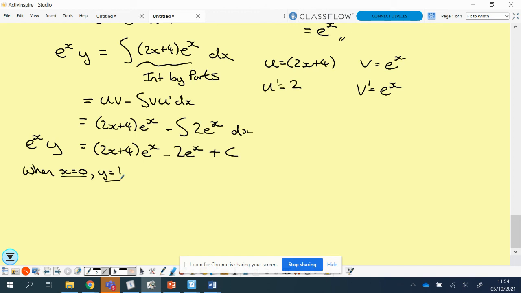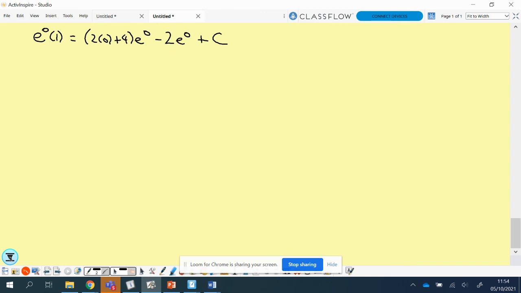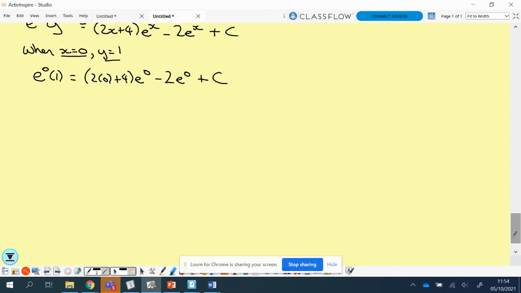I get e to the 0 multiplied by 1, which equals 2 lots of 0 plus 4 times e to the 0, minus 2 lots of e to the 0, plus a value c. On the left hand side I get 1, which equals 2 times 0 is 0, so I get 4, subtract 2, plus c. Remember e to the power 0 is always 1.